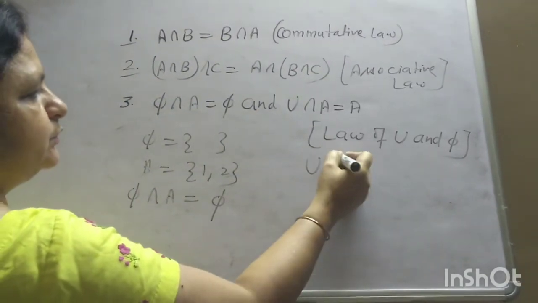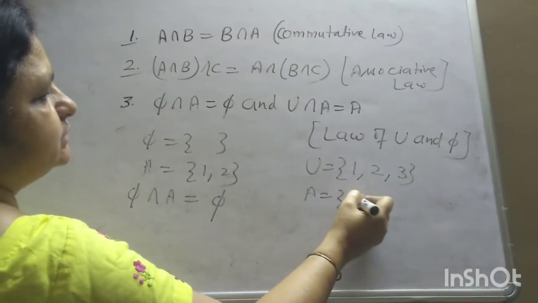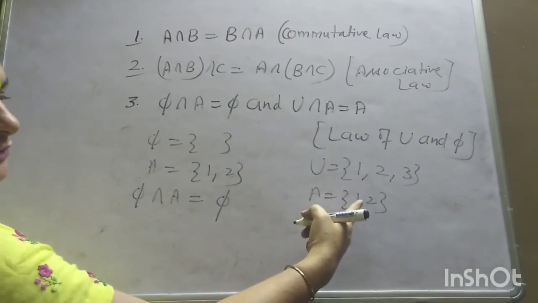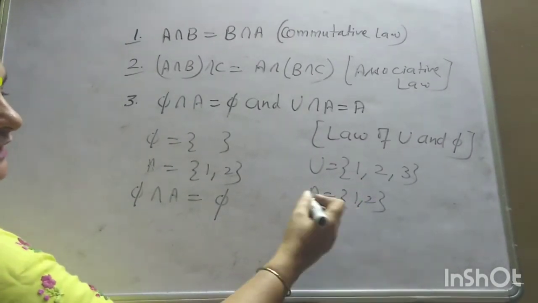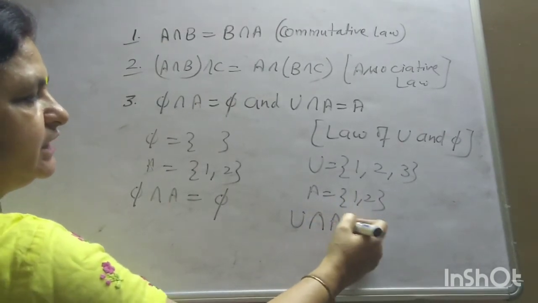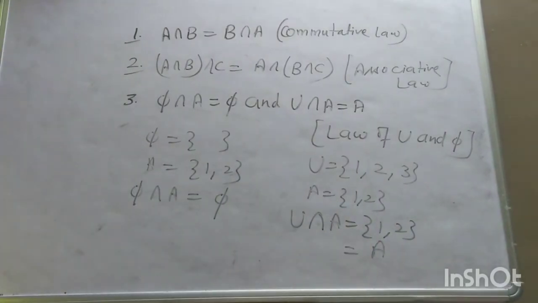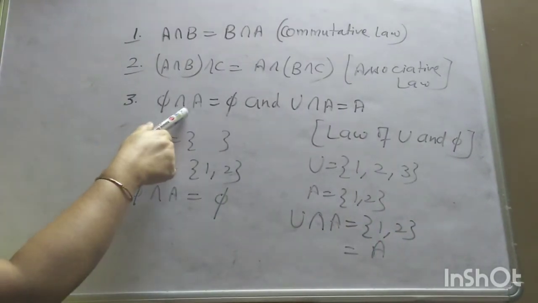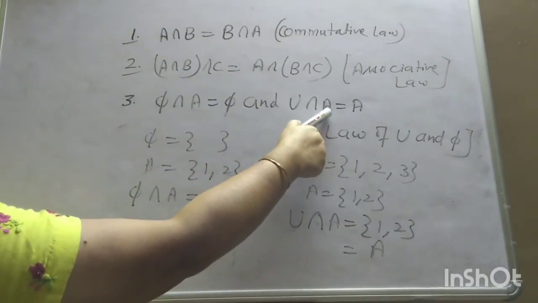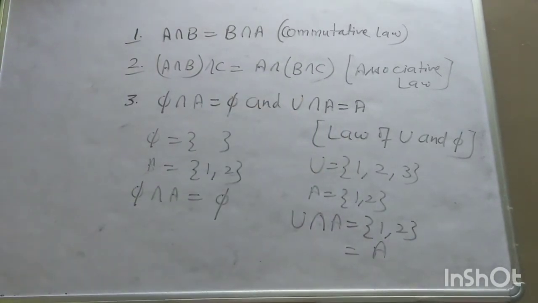Now, universal set is {1, 2, 3}, and A is {1, 2}, because the universal set must contain all the elements of set A. Therefore, universal set intersection A is equal to {1, 2}, which means again A. So phi intersection A is always phi, and universal set intersection with any set is always that set.